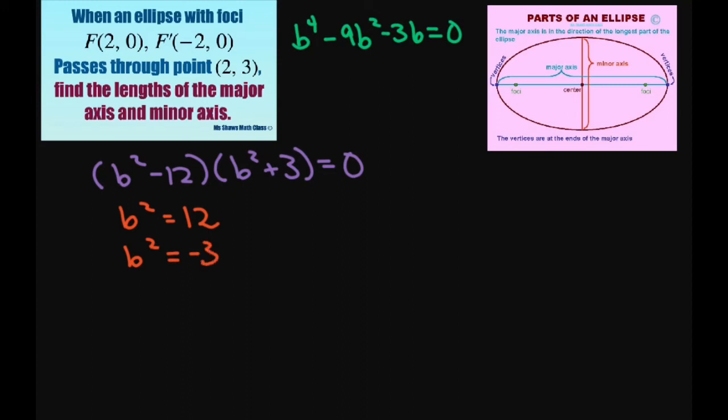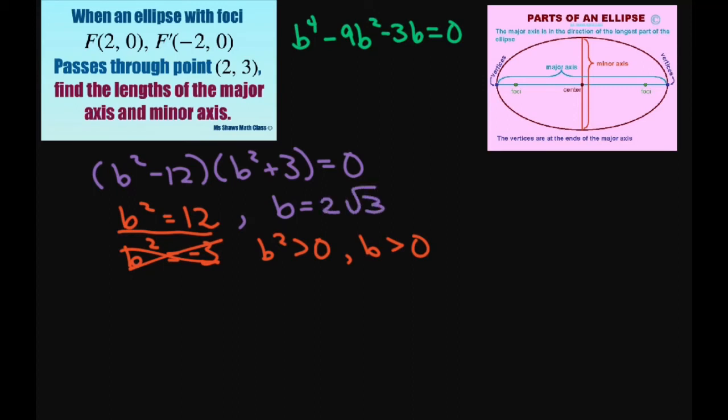Now, our b squared has to be positive, and so that knocks that out. And that's because our b has to be positive. That's how we set it up. So we're only going to use this one. So since our b is positive, if you square root 12, that's going to be 2 square root of 3. So there's your b.